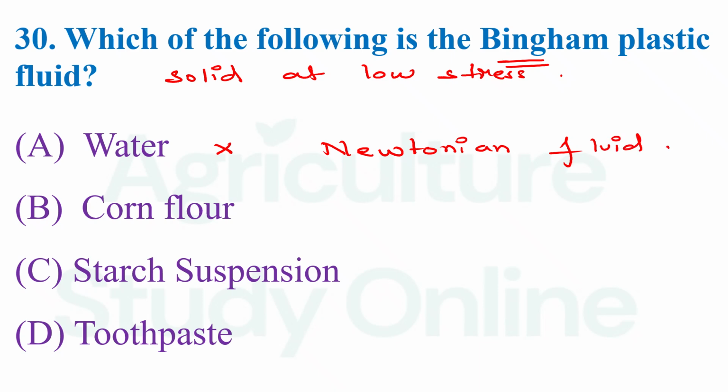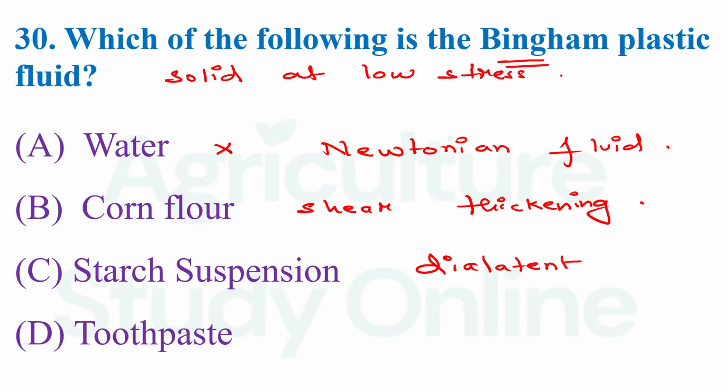Corn flour. So corn flour is a non-Newtonian fluid, but it has shear thickening behavior. Starch suspension is the same, it is shear thickening, that is dilatant. Toothpaste.